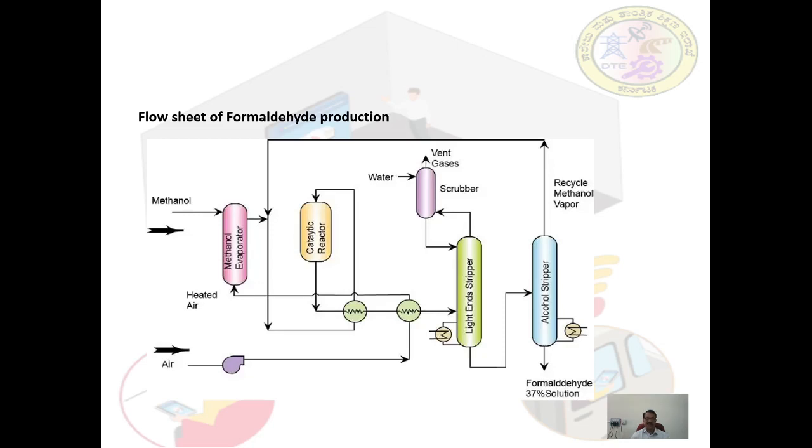This is the flow diagram for the production of formaldehyde from methanol. Here, the air and methanol mixture is fed to the methanol evaporator unit, which enables the evaporation of methanol as well as mixing with air.